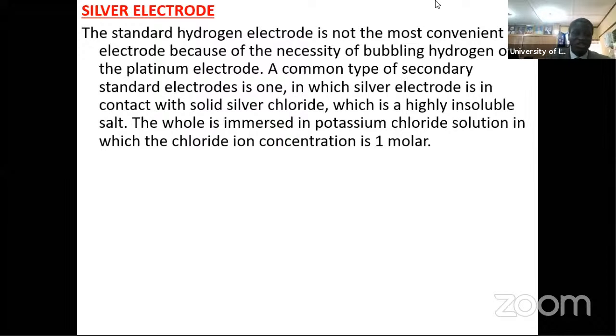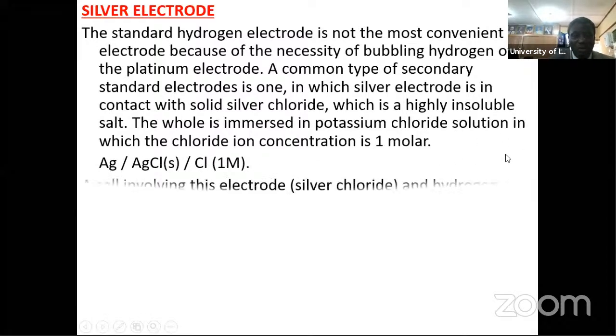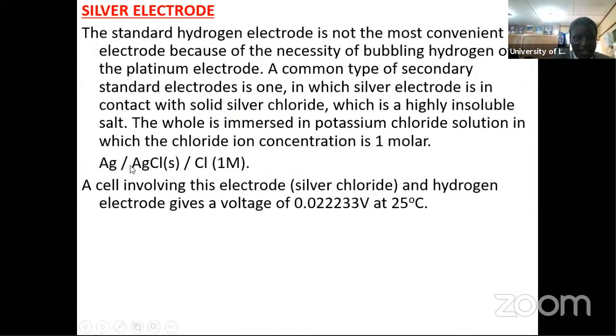A sample of such is your silver electrode, in which you have potassium chloride solution with chloride ion concentration of 1 molar. That is the normal condition, and this is the equation for your silver electrode. You have your silver in silver chloride, now in chloride, under 1 molar.